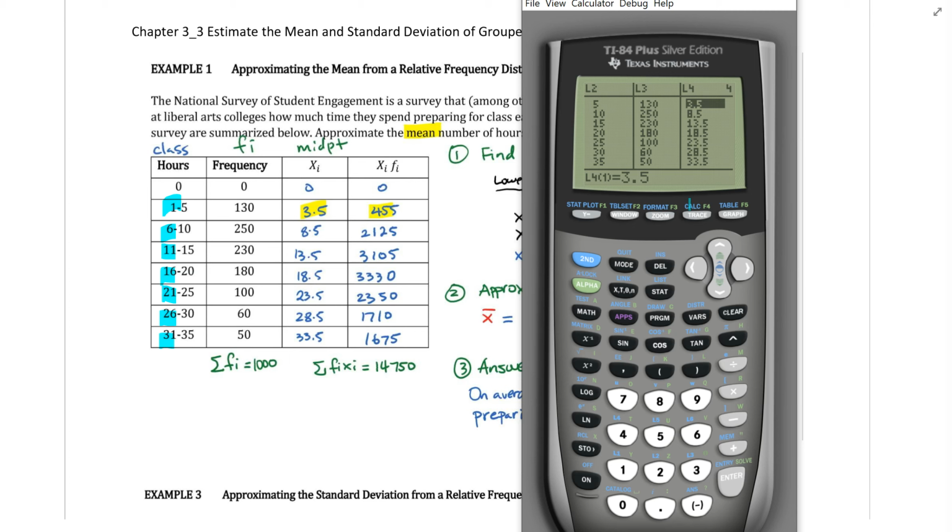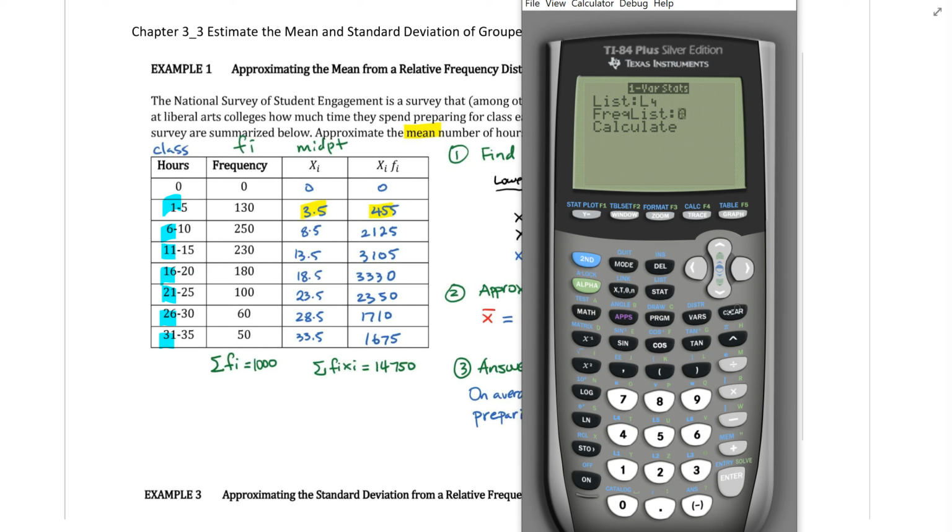All right, once I've done that, I'm just going to use my calculator to do it. Remember that L3 is my frequency, and L4 is my class midpoint. So go to stat, go to calculate. This would be second 4 to give me L4, and second 3 to give me L3.